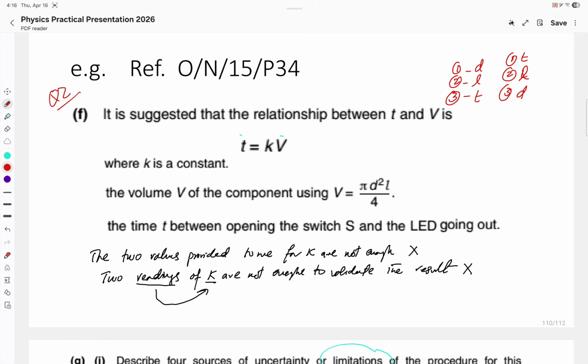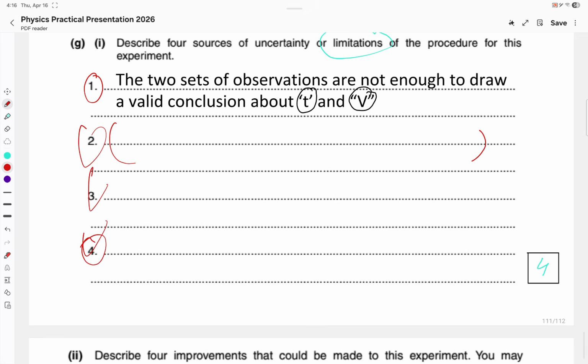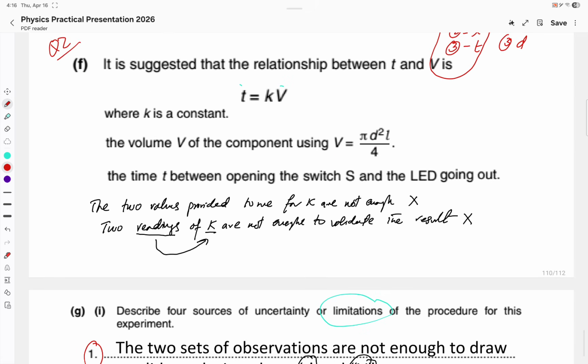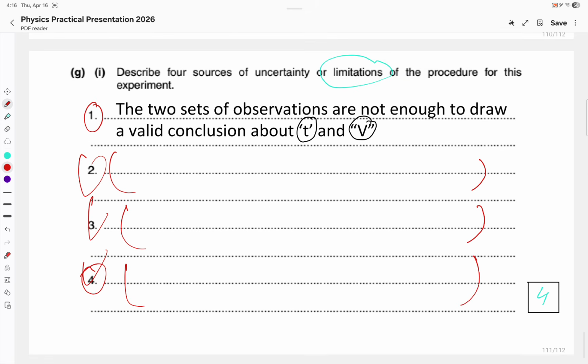You can just go back, jot it down, figure it out, and then start writing according to the sequence. Let's say D: I will write the first limitation for D, the second limitation for L, and then the first limitation and the last limitation for the T.